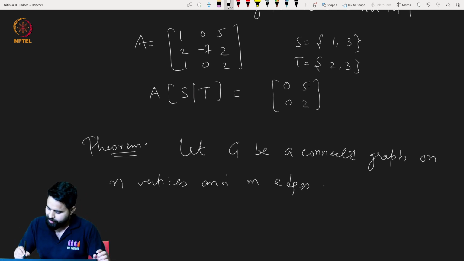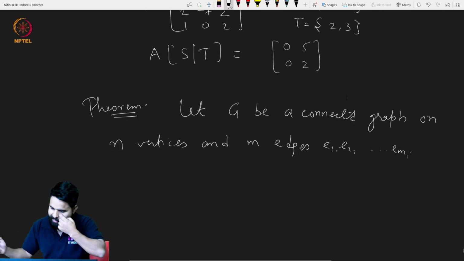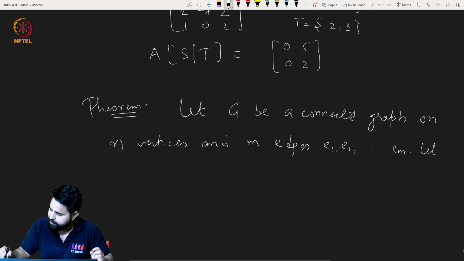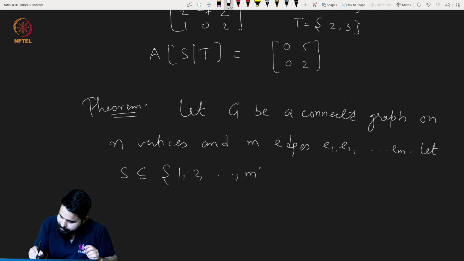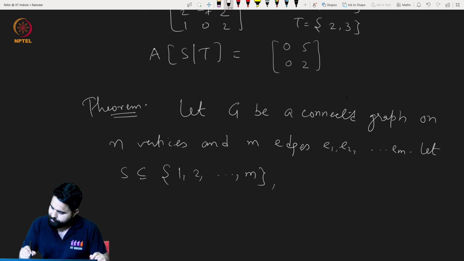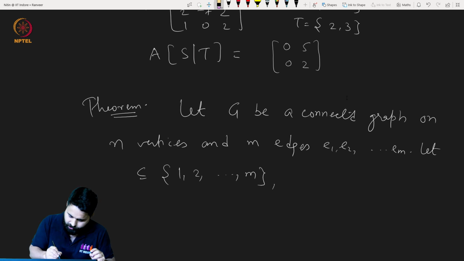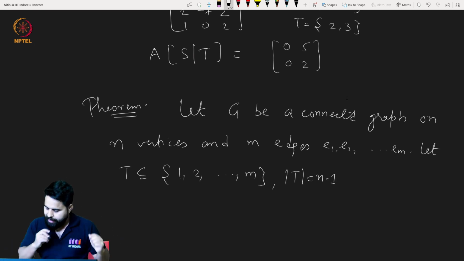Suppose these edges are E1, E2, up to Em. Let T be a subset of numbers from 1 up to m, where the cardinality of T, the number of elements in T, is n minus 1. I use the letter T here because I will be using S for rows shortly.